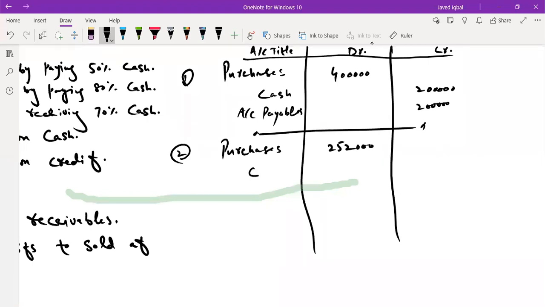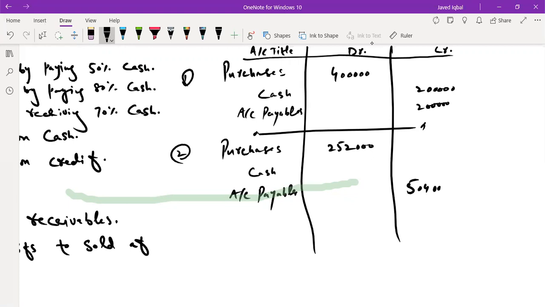And now you're paying 80% cash, and the remaining is your account payables. So 20% of this is 50,400.